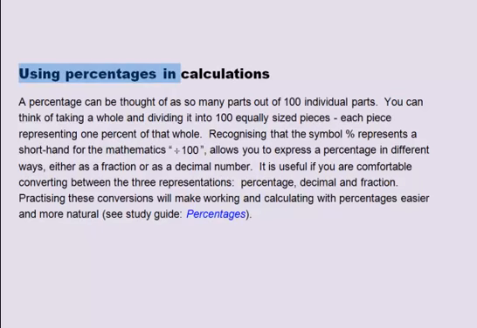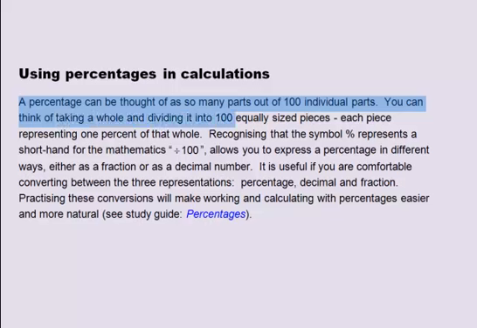Using percentages in calculations. A percentage can be thought of as so many parts out of 100 individual parts. You can think of taking a whole and dividing it into 100 equally sized pieces, each piece representing 1% of that whole.